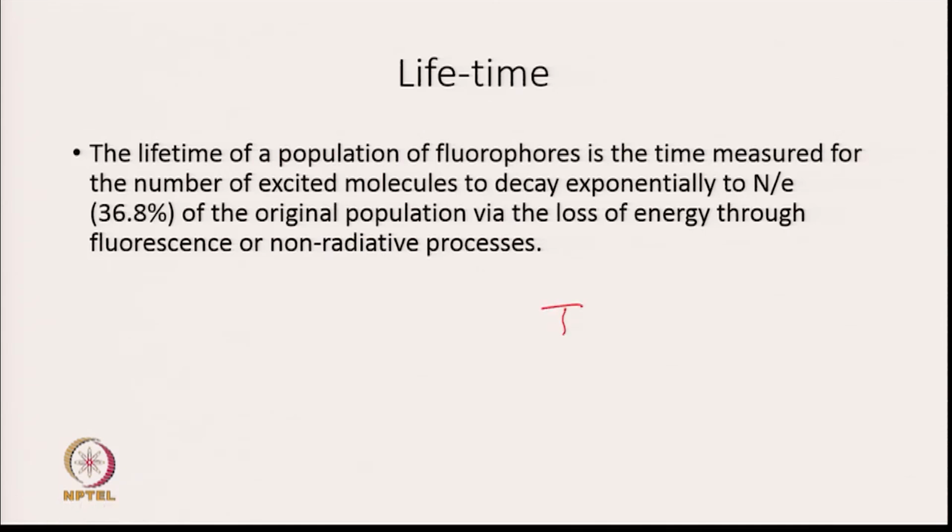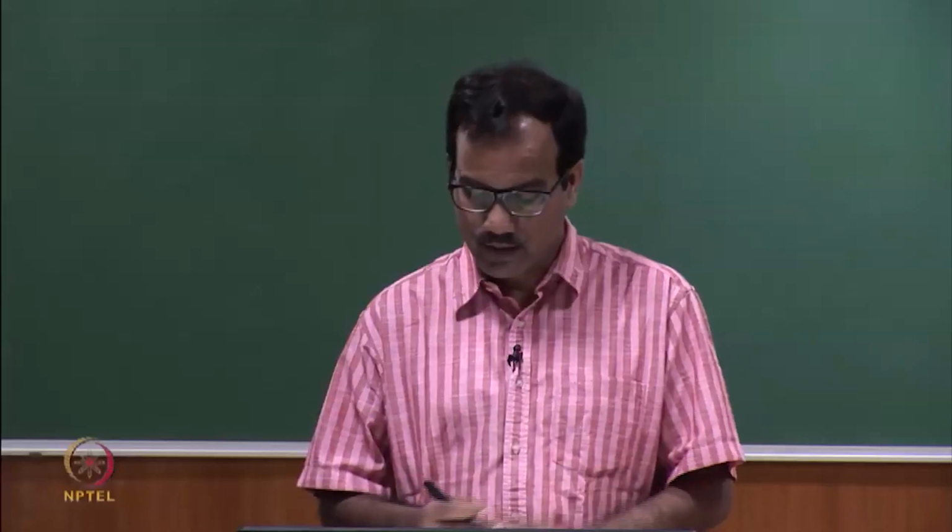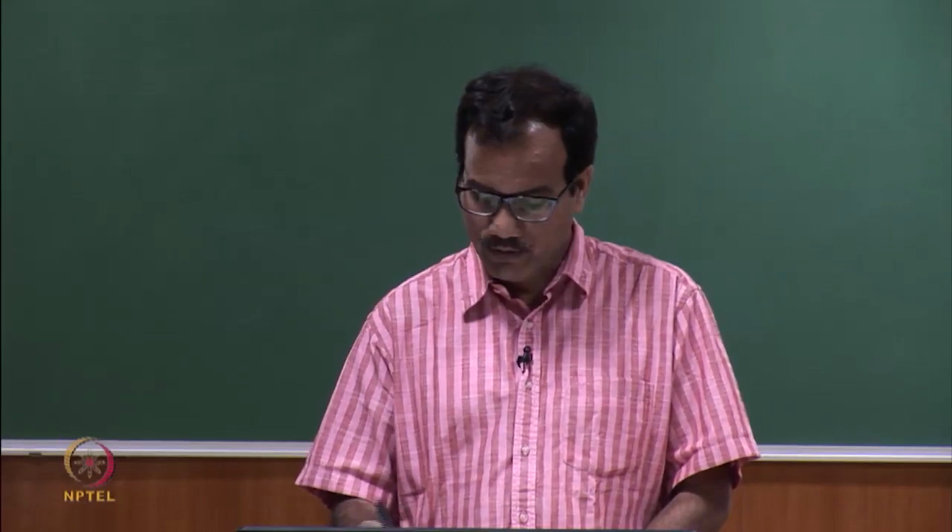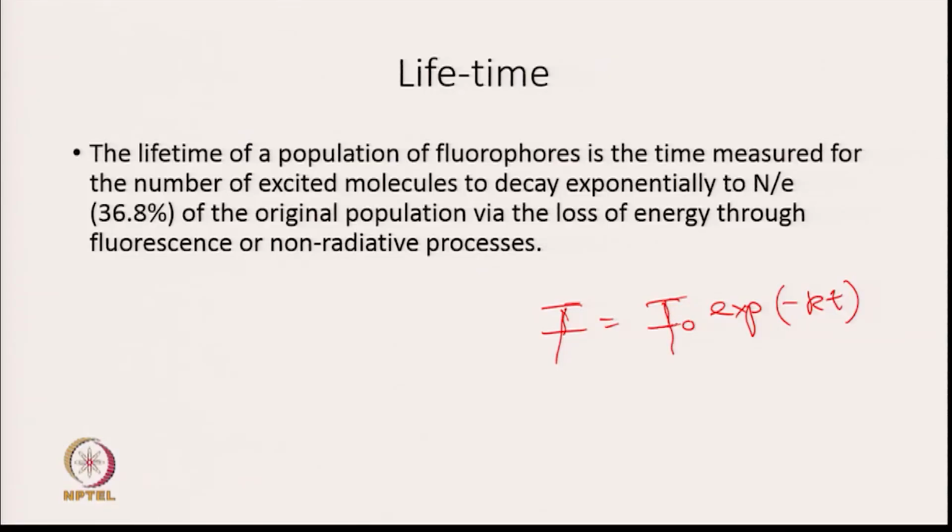So, what I wrote is I is equal to I naught exponential minus k into t. This was the equation we get when we solve the first order kinetic equation for the fluorescence decay. You can also write F is equal to F naught. It is quite the same.